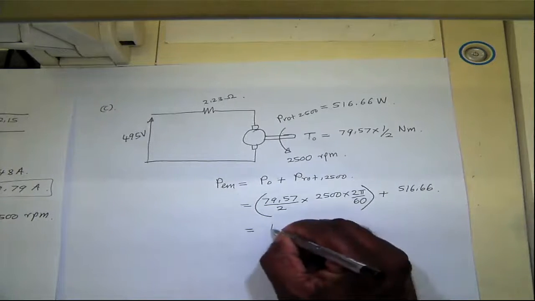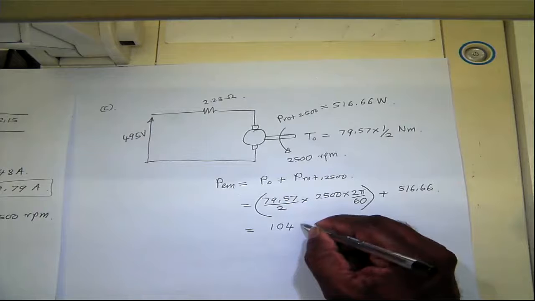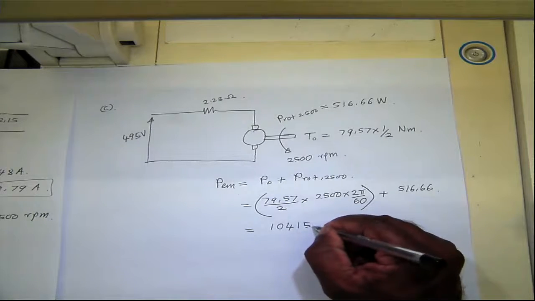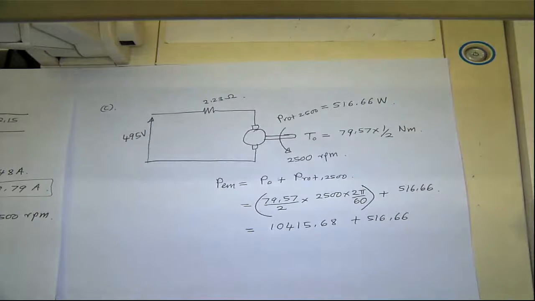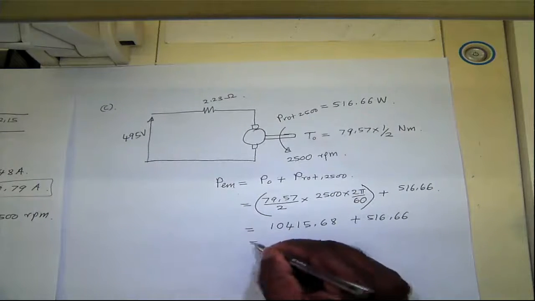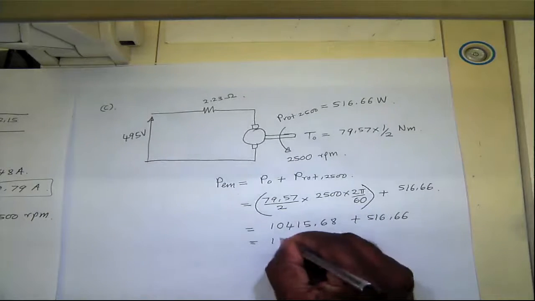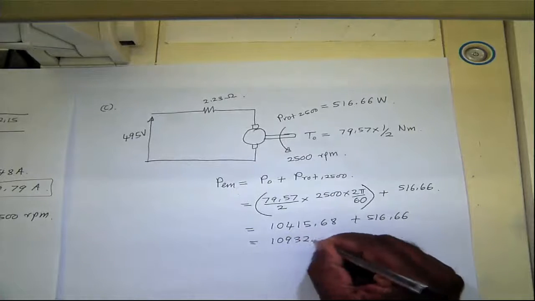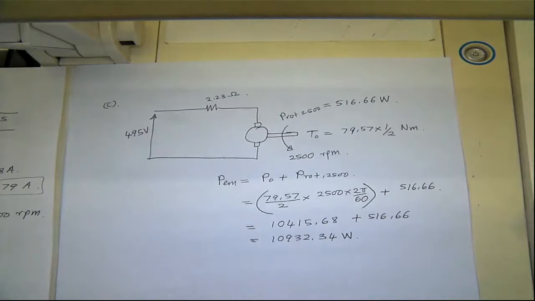So that's 10,415.68 plus 516.66, that's 10,932.34 watt. That's the electromechanical power.